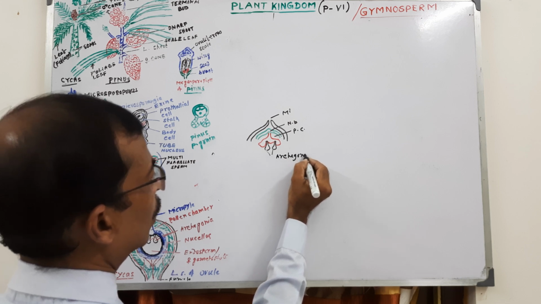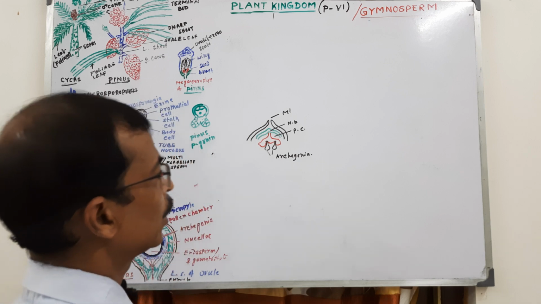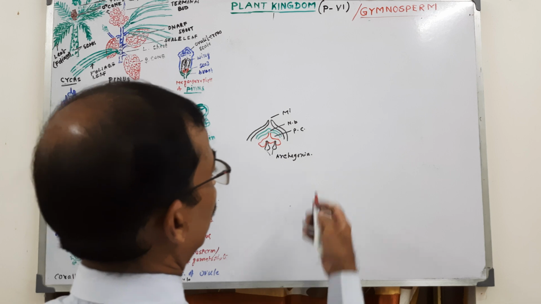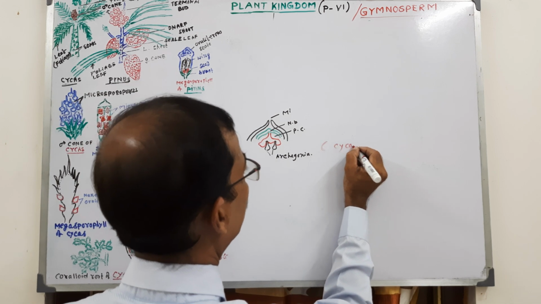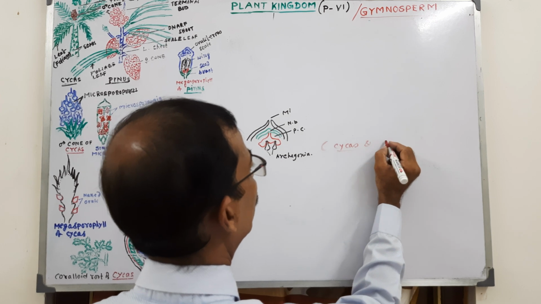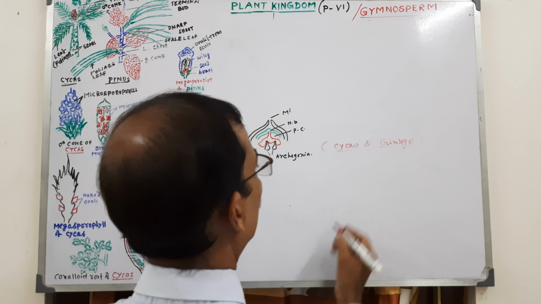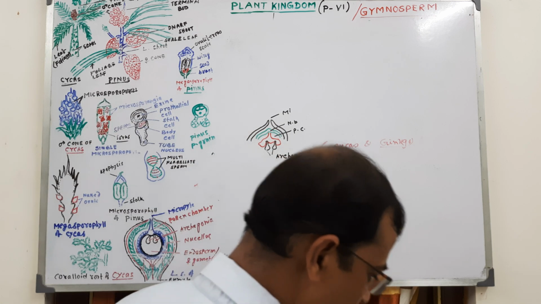In most cases the nucellar beak and pollen chamber are present in Cycas and Ginkgo, but absent in Pinus and Gnetum. Okay.